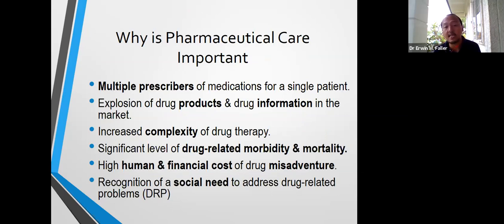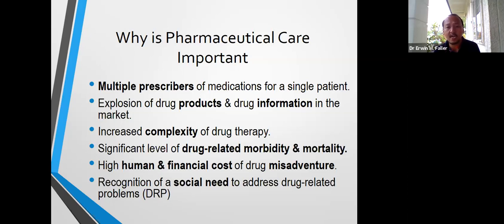There are significant levels of drug-related mortality and morbidity, and high human and financial costs of drug misadventure, and a recognized social need to address drug-related problems.